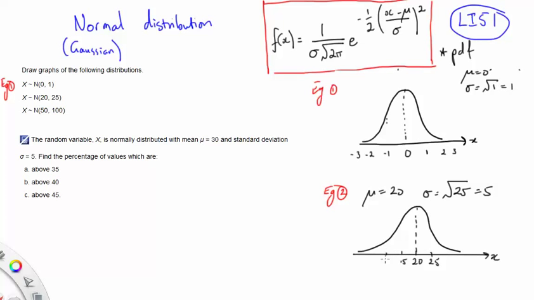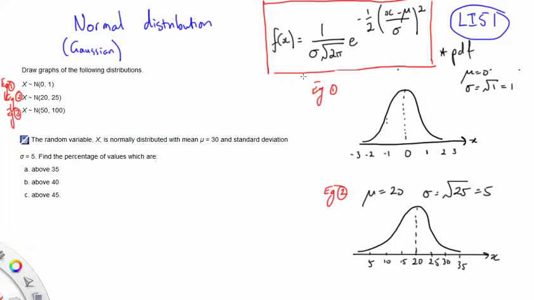It's going to be about 10 there. Whoops, not 20, about 30 there. It's going to be about 35. It's going to be about 5. So it should be symmetrical about the mean. So that's example 2. I'll leave example 3 to you. I think you should be able to have a crack at that.